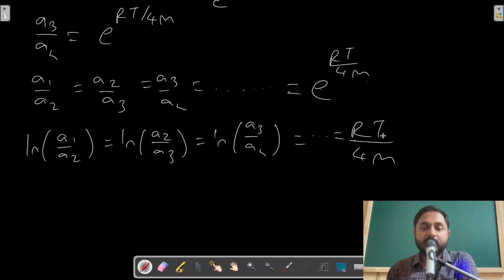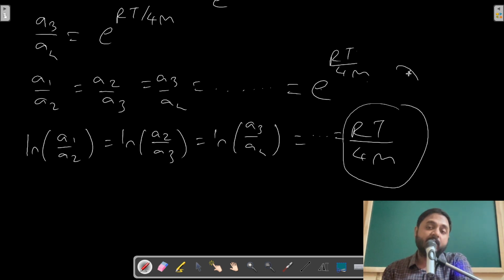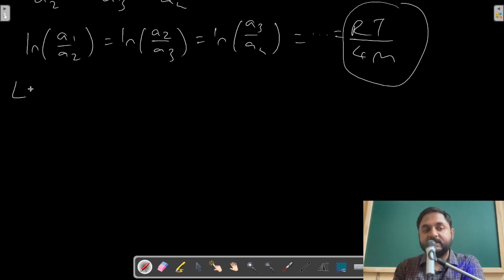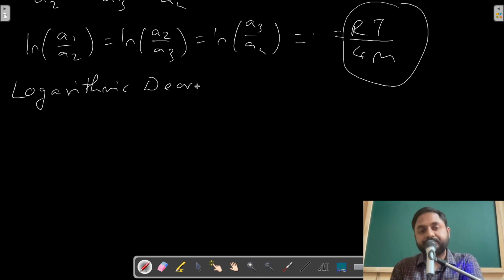Now this particular quantity that remains constant is a very important quantity, and we call it lambda. This lambda is defined as the logarithmic decrement, or log decrement for short.